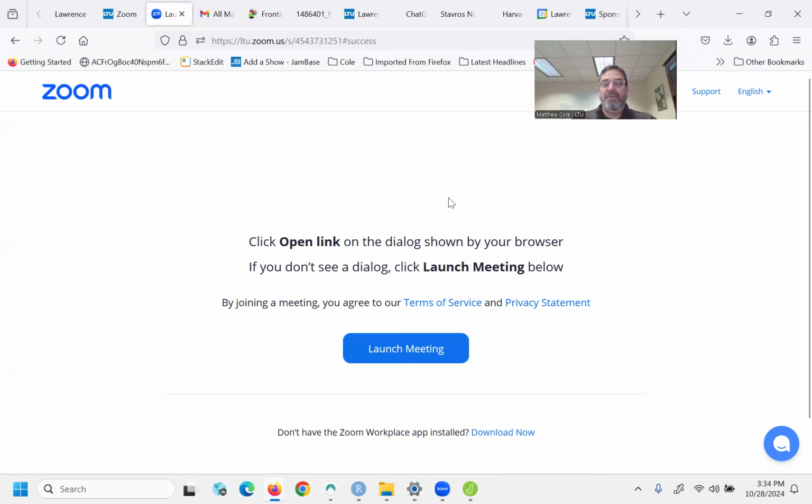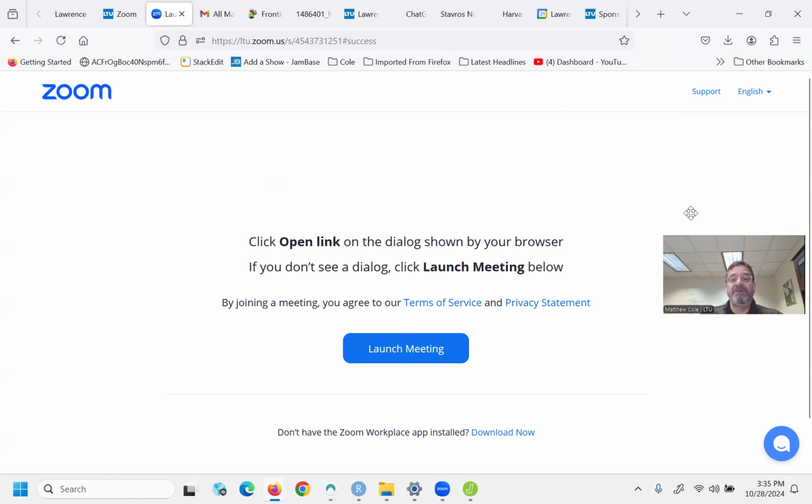And before you click on share your screen, click on record. You want to record to your computer. Don't record to the cloud. Record to your computer. Make sure we see your video camera. We need to see you. Then you'll click share your screen.